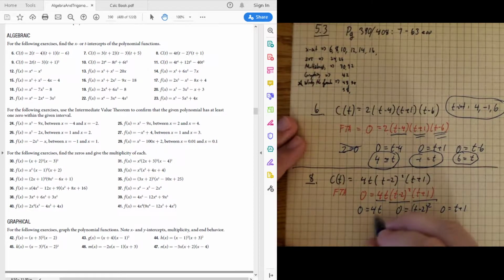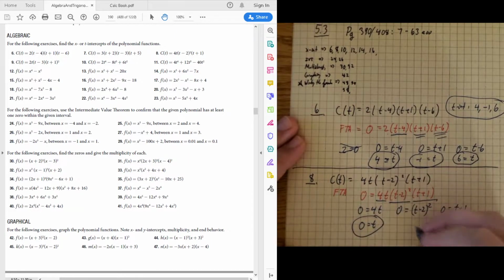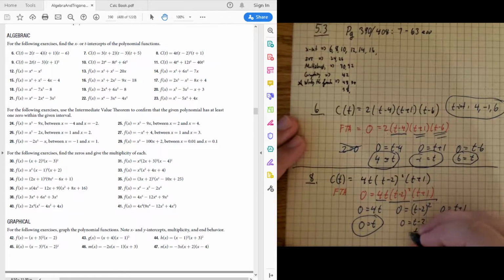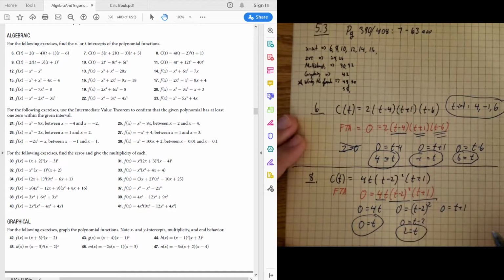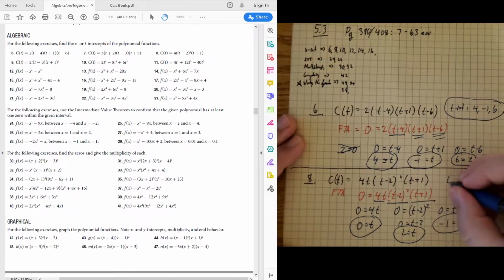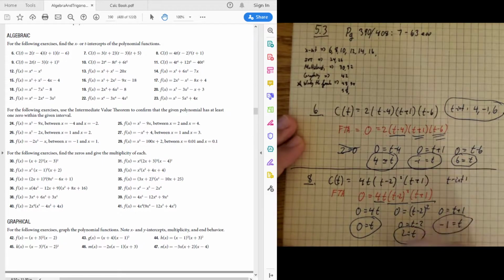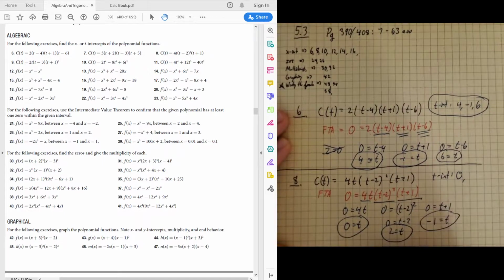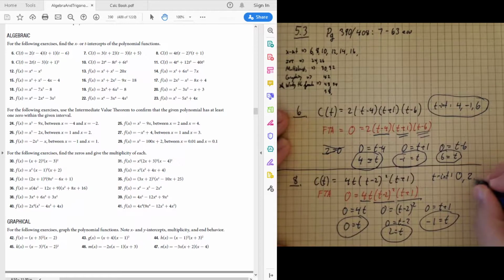From here we can solve, divide by 4, take a square root, and then add 2, or subtract 1, to give us our solutions of, we have t-intercepts at the following 3 locations, at 0, 2, and -1.